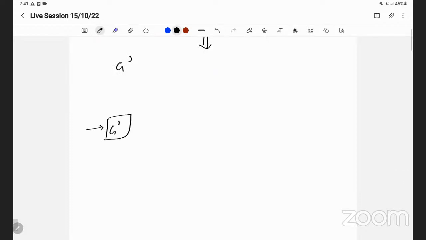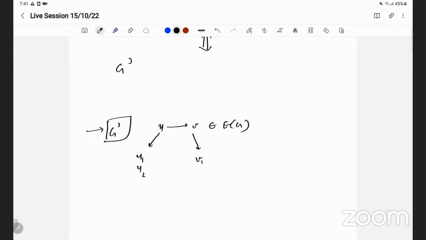For each directed edge u to v belonging to the edge set of G, I will add 2 vertices u1, u2 for u, 2 vertices v1, v2 for v, and I will add an undirected edge from u1 to v2. This is G prime.